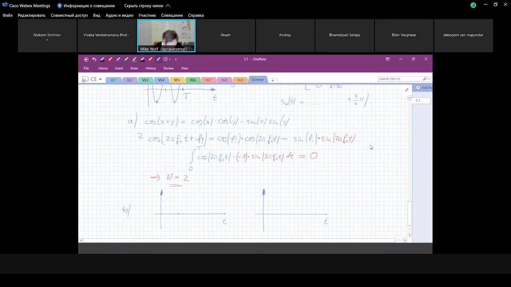So here's t. Let's say this is again one period of this cosine wave, and this is one period of the minus sine wave. Okay, so now we draw the cosine here, and this is, of course, our first basis function after a normalization, and then minus sine. This gives our next basis function. So we start here, we go to minus, then we go to plus, and then again we are at minus.